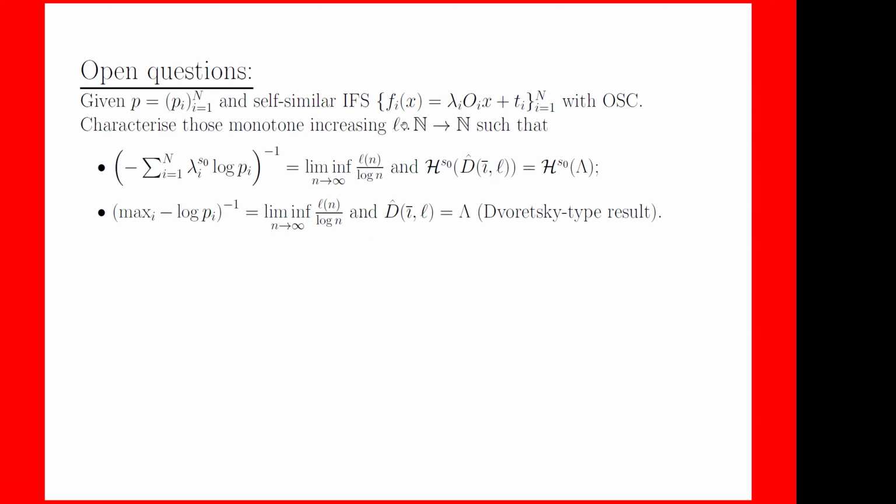I give you an IFS, I give you a probability vector, I give you this monotone increasing function. This thing here must be a 0-1 tail event. So this means that I have to be able to tell, for these maps, exactly what is the limit when you cover everything or you don't cover everything. So can you give me an actual Dvoretzky type result for that case?